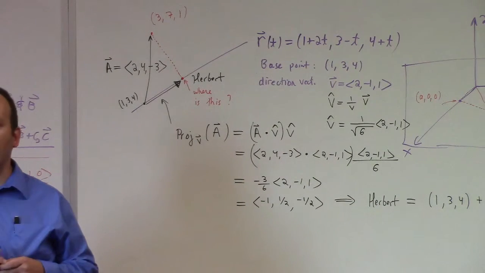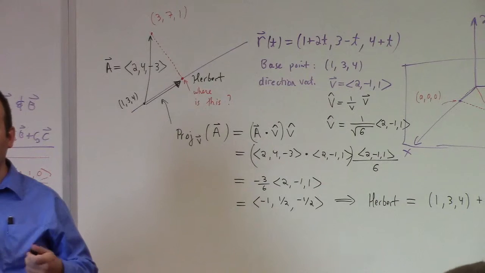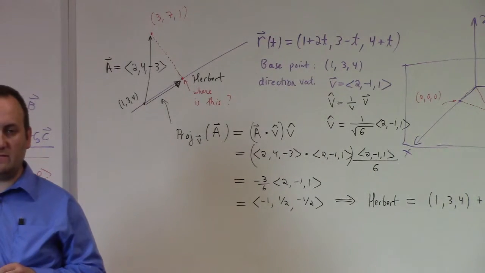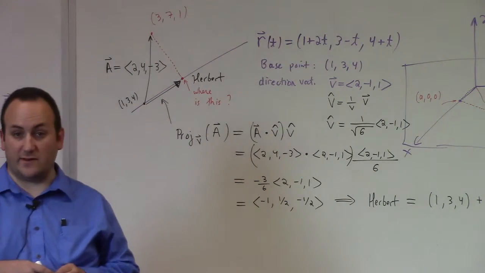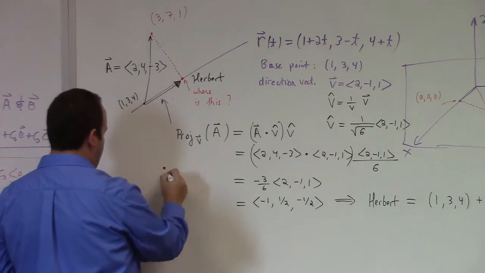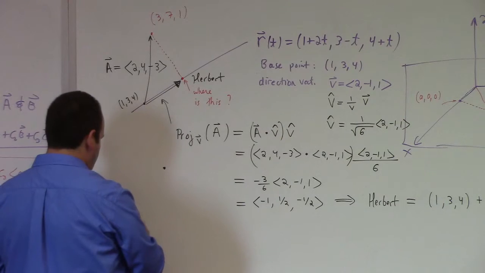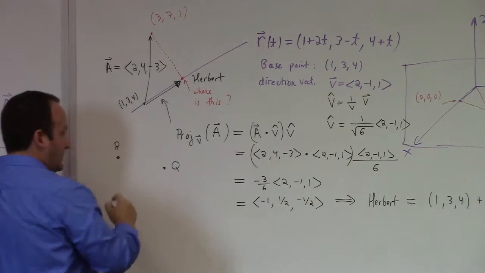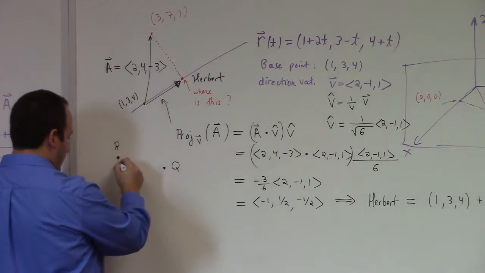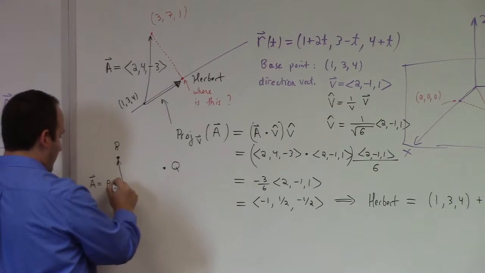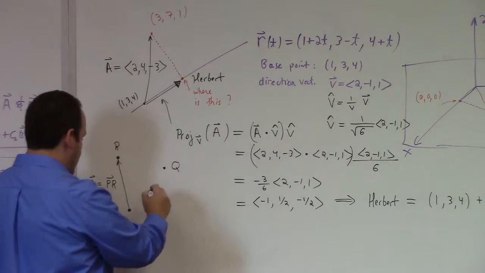Now let's go back to the problem that's in the mission and see if we can solve it without the, what did we really do with the parameterization here? Not much. All I did was I used it to get a direction vector and a base point. So you're given those 2 points, right? Let's call them P and Q. And you're given another point off the line R. So all you really got to do is look at this vector, A is equal to PR, and find what?